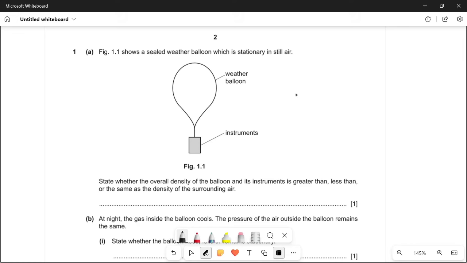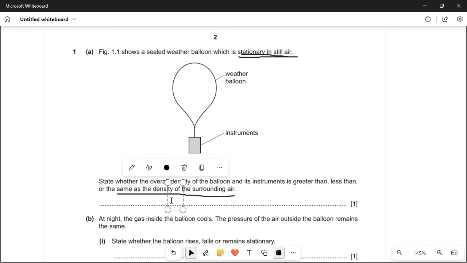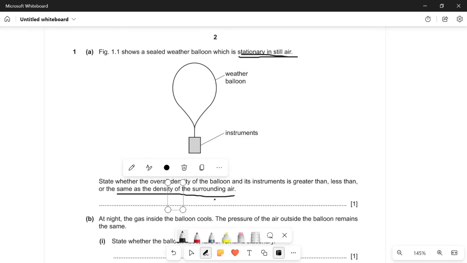On this question, we are told it's stationary in still air. That means it's not moving up or down. That means the density is going to be the same as the density of the surrounding air. So density is going to be the same.